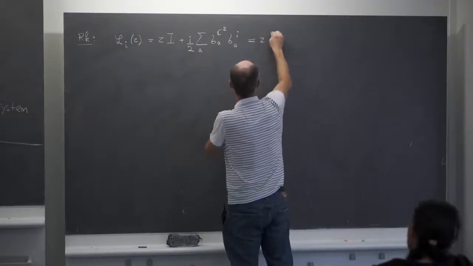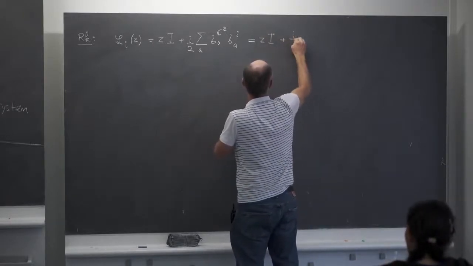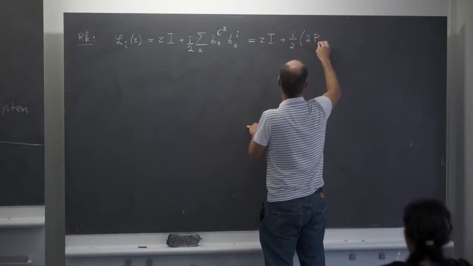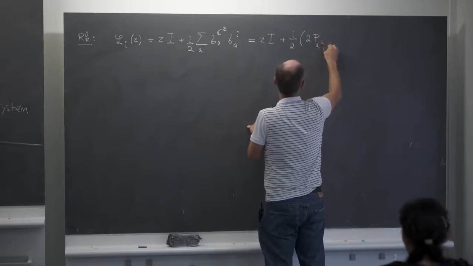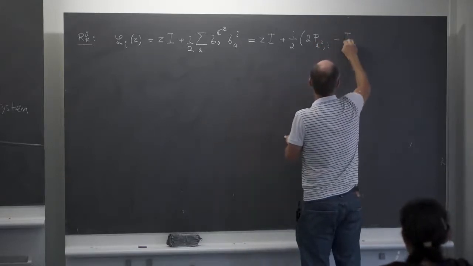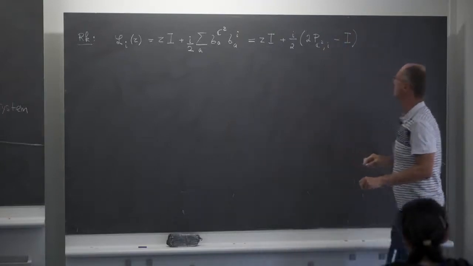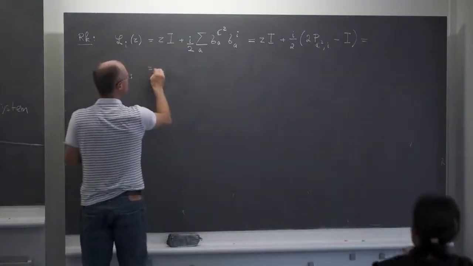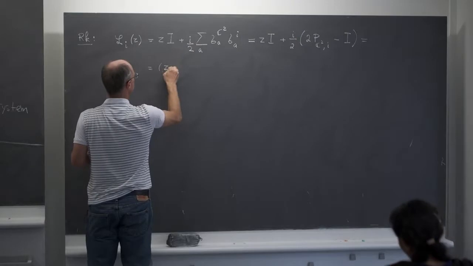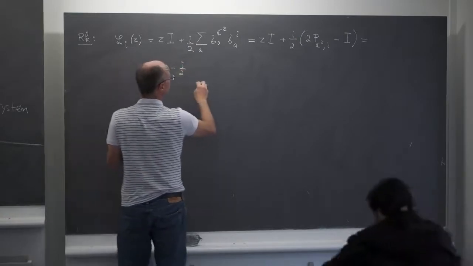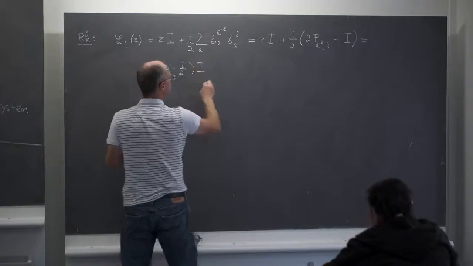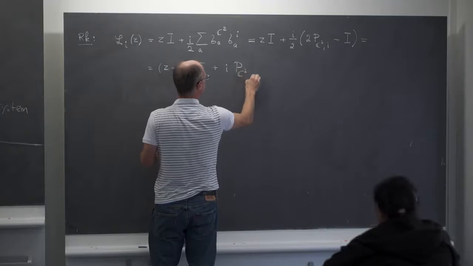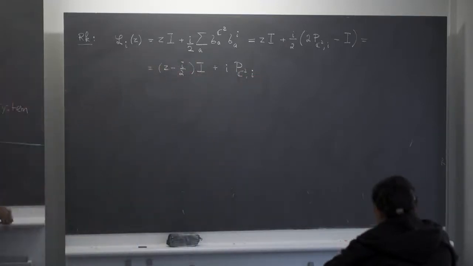So we can rewrite this operator as a linear combination of the permutation between the auxiliary space and i, minus the identity. So let me rewrite it one more time as z minus i over 2 times identity plus i times the permutation.